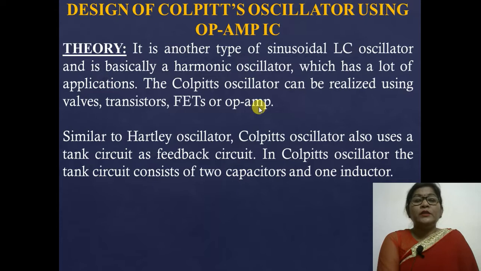These are the active elements, and with the help of some passive elements like inductor, capacitors, you can design the Colpit oscillator. Similar to Hartley oscillator, Colpit oscillator also uses a tank circuit as a feedback circuit. In Colpit oscillator, the tank circuit consists of two capacitors and one inductor.